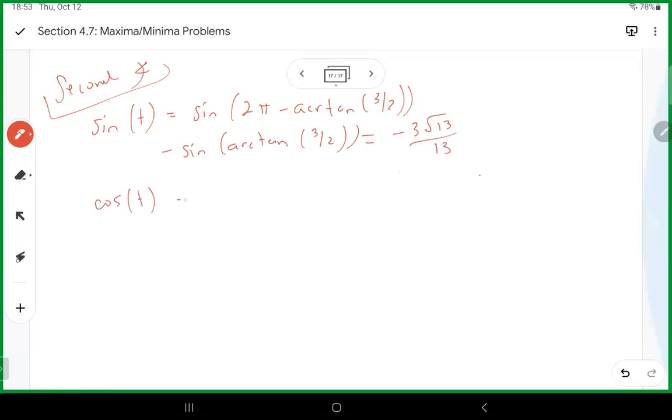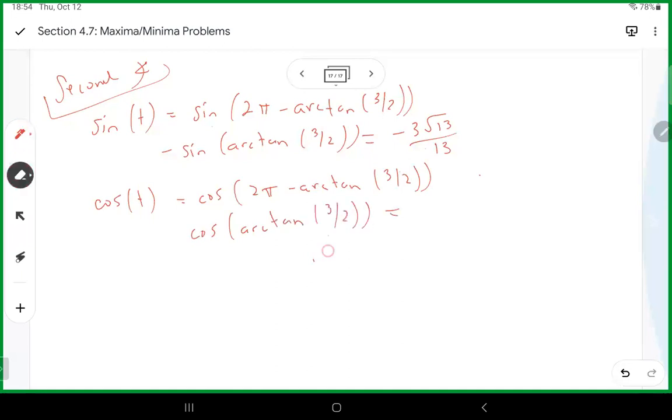Cosine of t. Oops. I'm a little dyslexic on a couple of those. That's going to be 2 square root of 13 over 13.